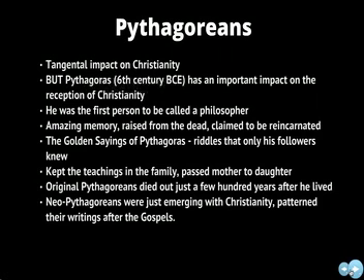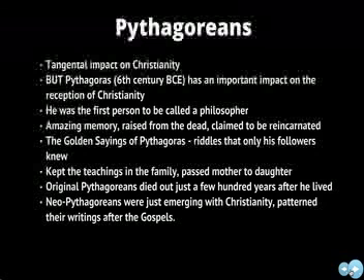It's true that it has a tangential impact on Christianity, which means that the Pythagoras school itself wasn't around whenever Christianity was being developed. There was no cross-pollination or influence, except for a very small portion. But there are very important parallels between the history of Pythagoreans and the history of early Christianity.